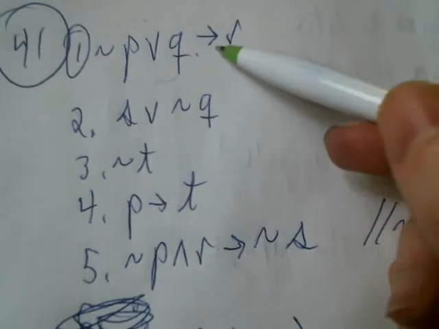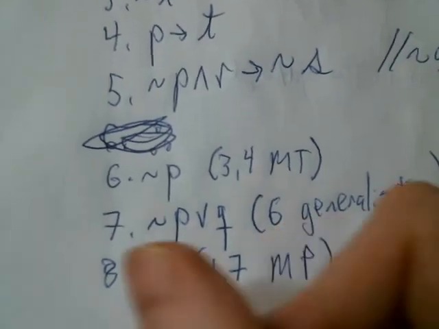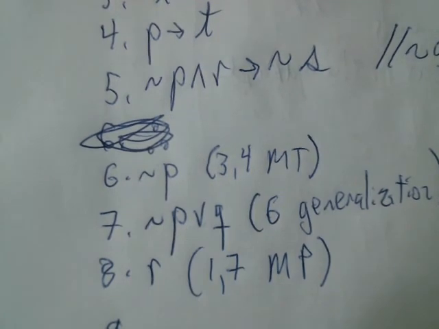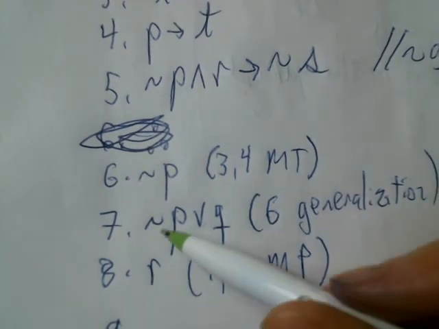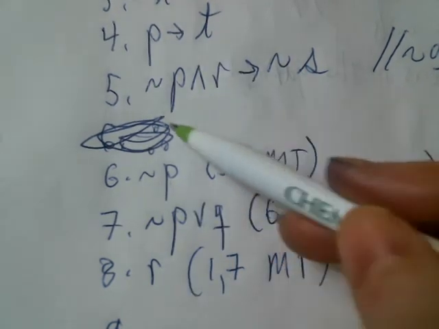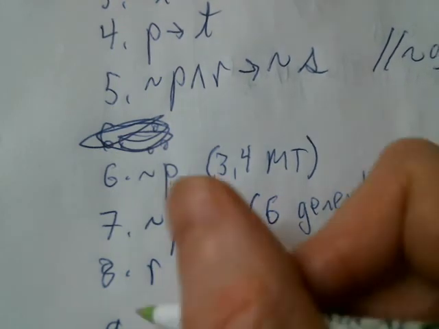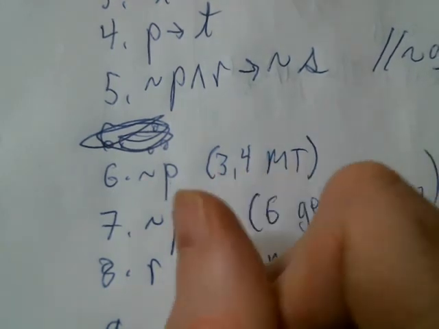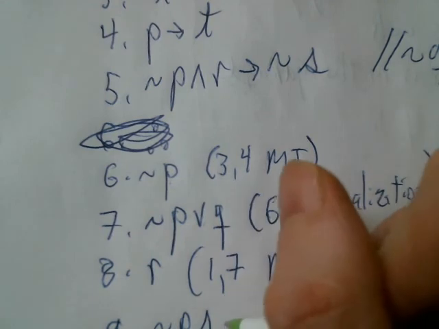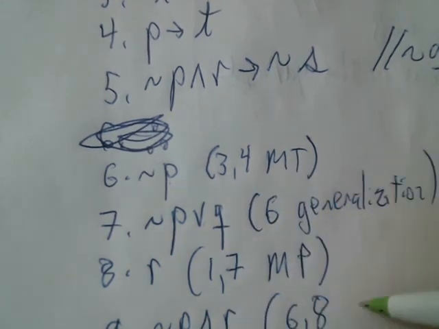So this plus this gives me R. And then now we can do a conjunction with not P and R in order to get this. And then we'll have a modus ponens to get not S. So we'll have not P and R, and that's going to be from 6 and 8. And that's a conjunction.